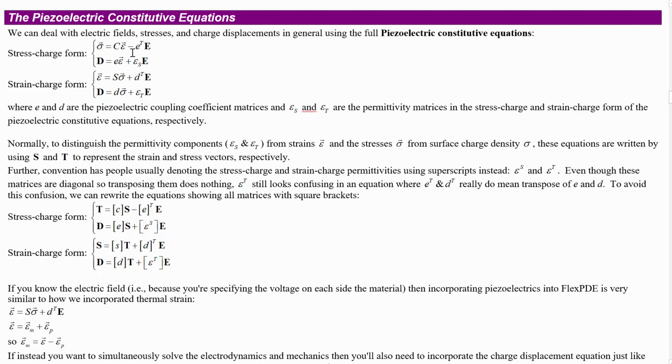Because of this double duty of coefficients, a lot of treatments of this subject will not allow it. Having epsilon be both the permittivity and the strain is sacrilege. So we can't have that. We're just going to redefine things, and we're going to use a capital S for the strain and a capital T for the stress, though this has its own problems if you start to build in things with temperature change, dealing with time in a case-insensitive thing like FlexPDE.